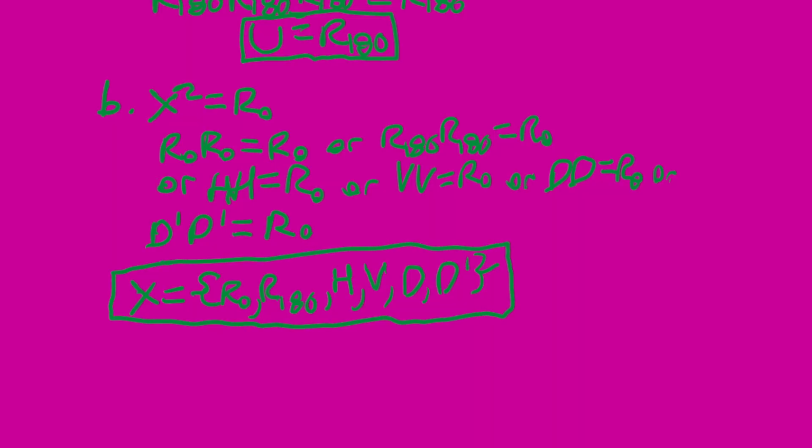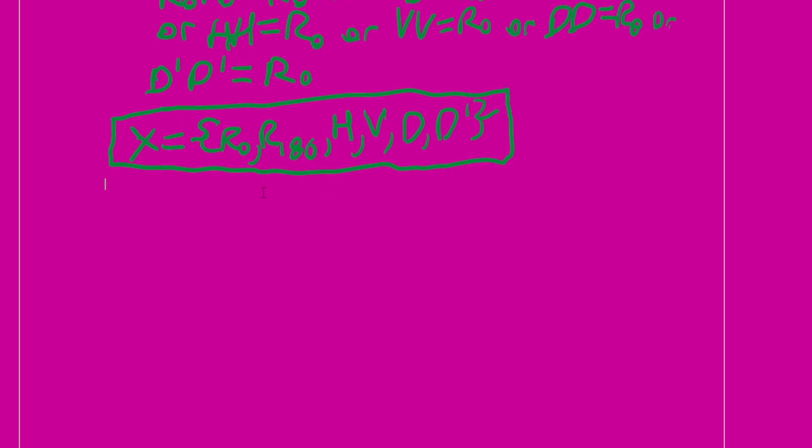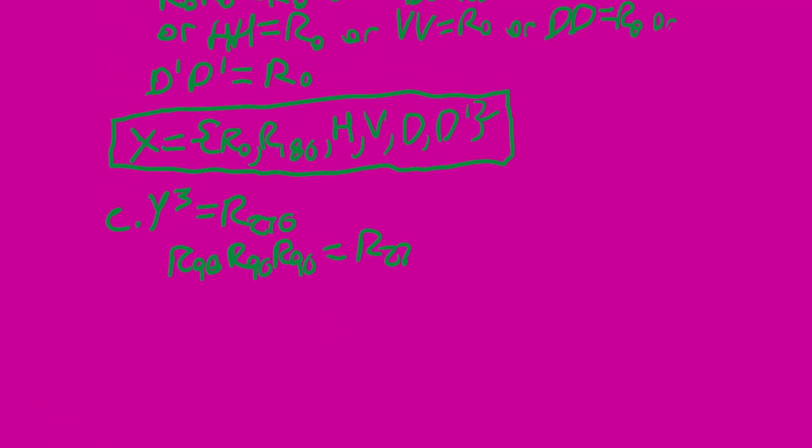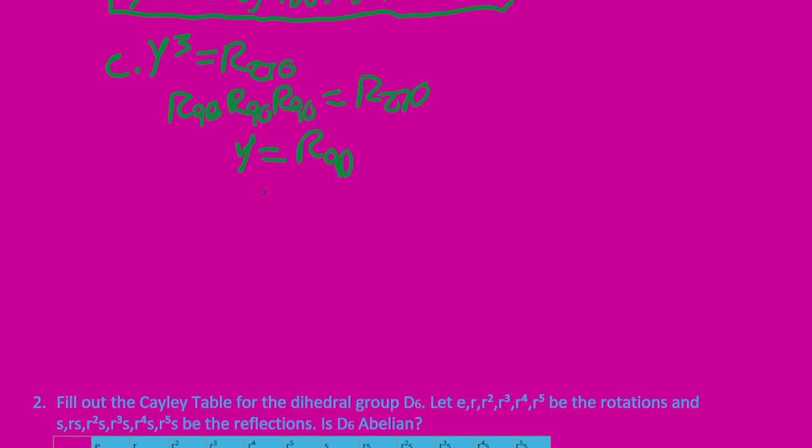This is a set of elements that can produce this. All right, let's look at the third one. We have y cubed is a rotation of 270 degrees. Well, a rotation of 90 degrees 3 times will give us that. So y is a rotation of 90 degrees.